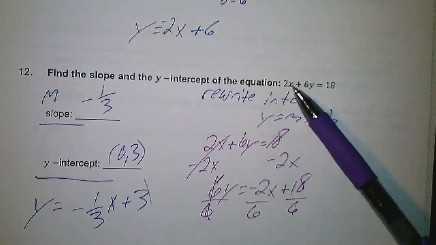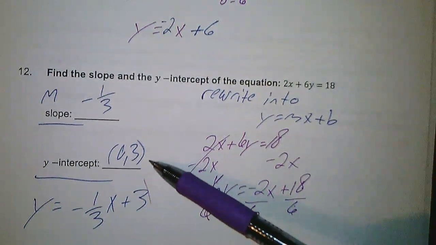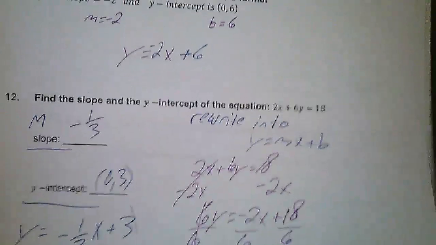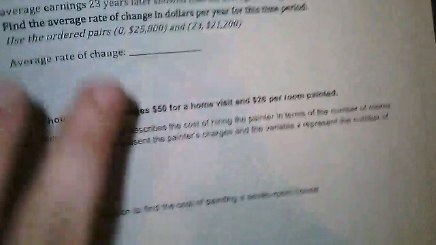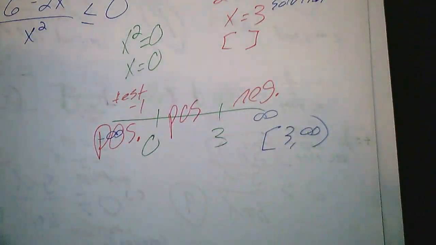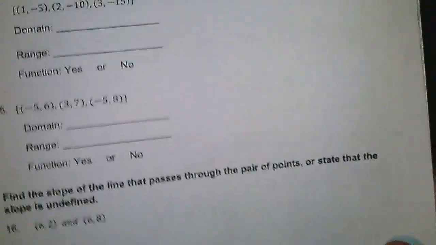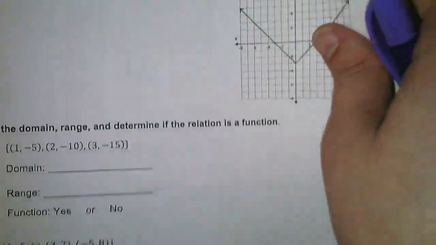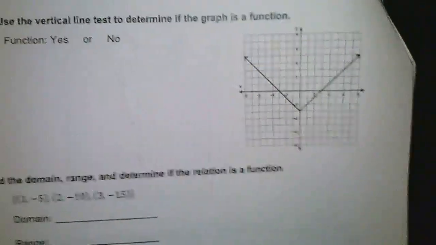So again, don't just plug in these zeros. That would give you the y-intercept, but that would not give you the slope. To find the slope, we have to rewrite into y equals mx plus b form. Unless we're using the slope formula, like on number 16, which we'll get to shortly.